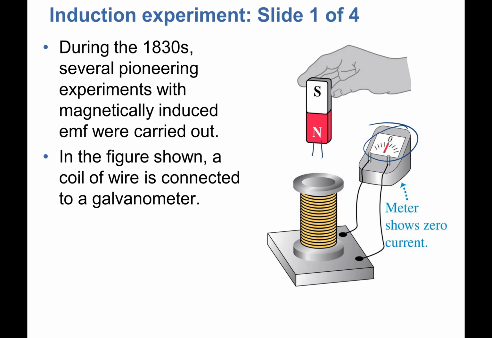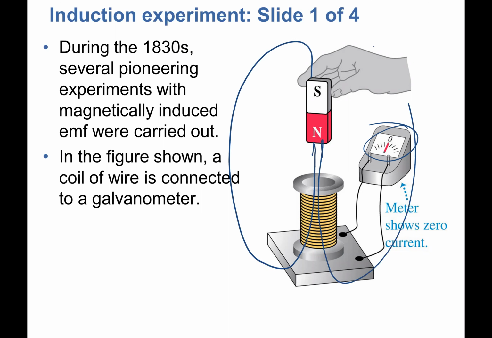So there is a magnetic field going through the center of the coil, basically through this area of the coil. There's a magnetic field going down, and then coming back up outside of the coil, and goes into the south. That means there's a downward magnetic field through the coil of wire.